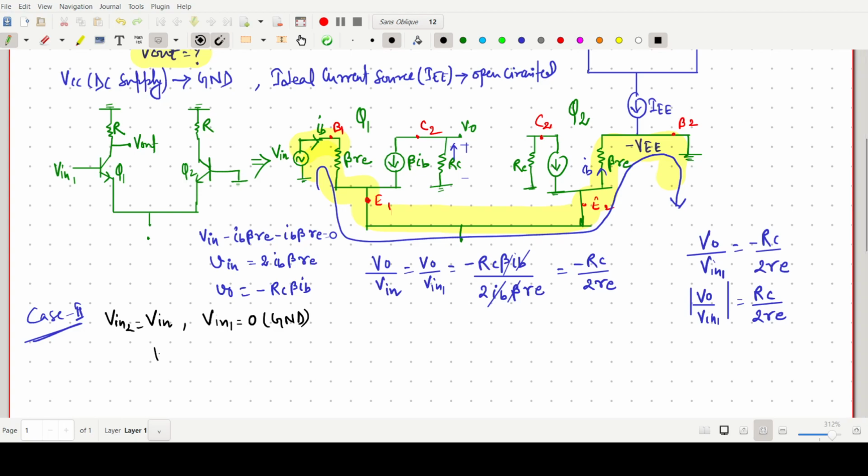Then the value of V naught by V in 2 is the same magnitude, RC by twice RE.